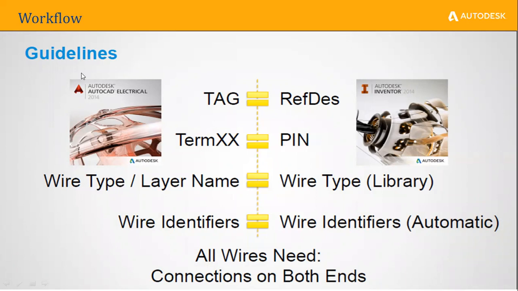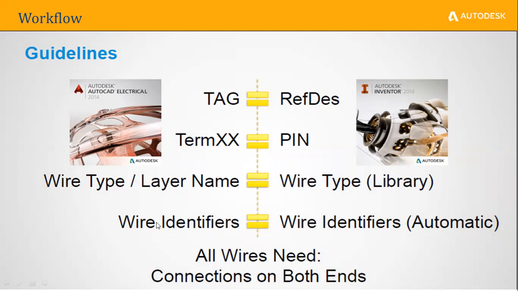So we need to have these things before exporting from Electrical to Inventor, so that you don't get any error, and your Inventor is able to read all your data and give you all the information without any error. We need to give the wire type and layer name, let's say which color it is, and those kinds of things need to be provided in Electrical so Inventor can read them.